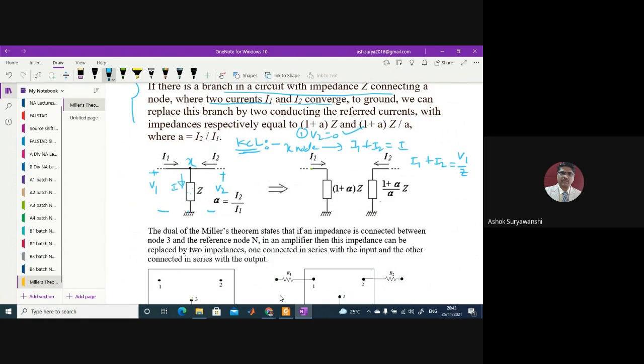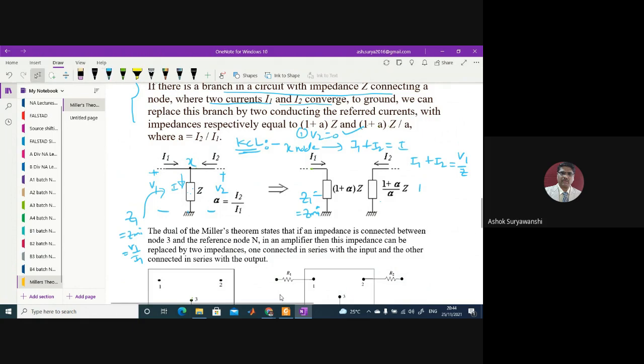Now we have to find the impedance from this side. That is called Miller's input impedance, Z1, which equals ZMI in the case of the dual of Miller's. So we have to find Z1 or ZMI as V1 by I1. What manipulations will we do here?